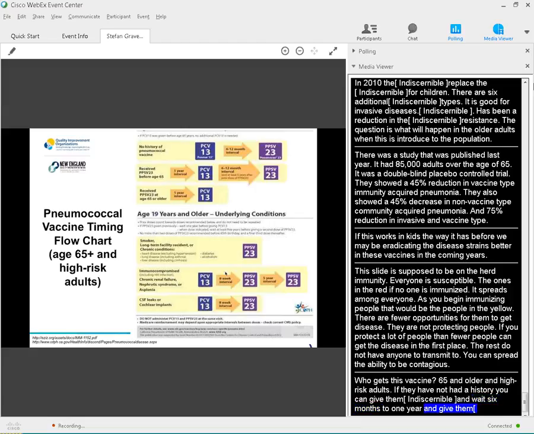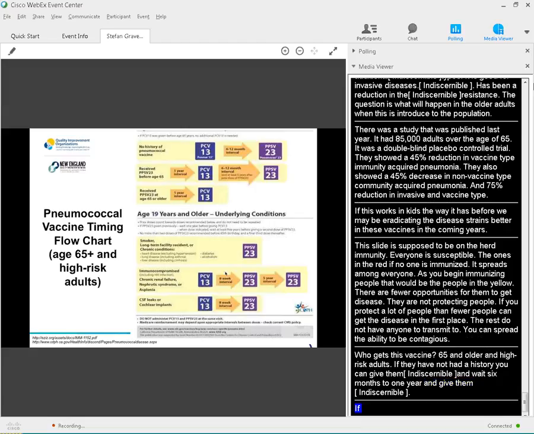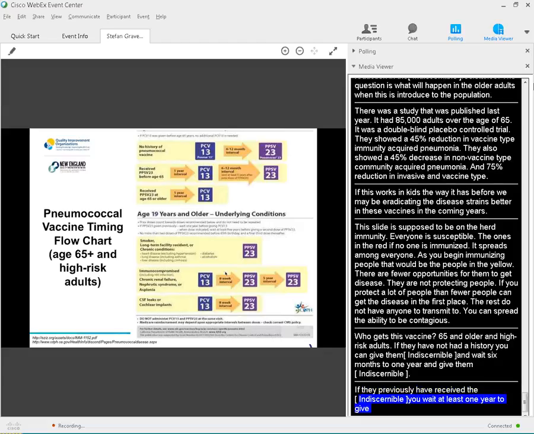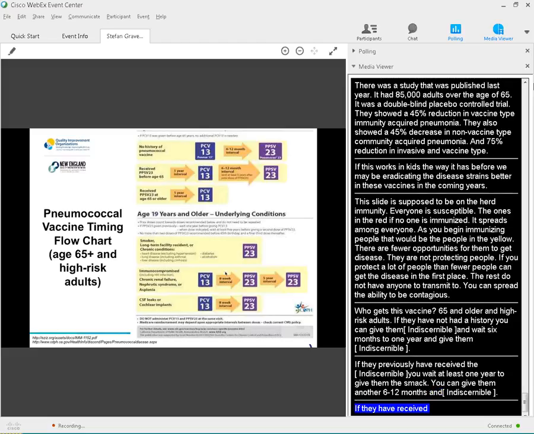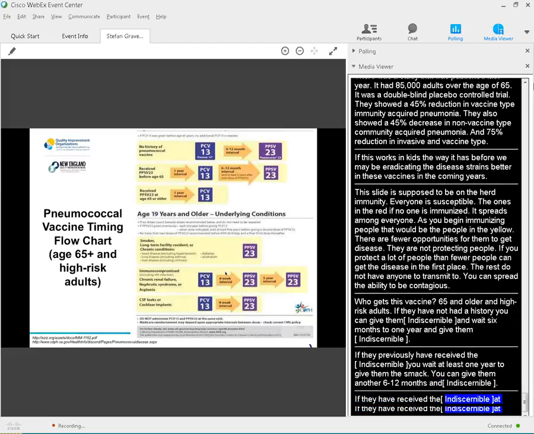If they've previously received the PPSV23, the polysaccharide vaccine, you wait at least a year to give them the PCV13, and then you can give them another 6 to 12 months and at least 5 years after their prior PPSV23 and give them the PPSV23 again. If they've received the PPSV23 at age 65 or older, you wait at least a year, and they only get the PCV13. And as of right now, there won't be any future vaccinations after that.